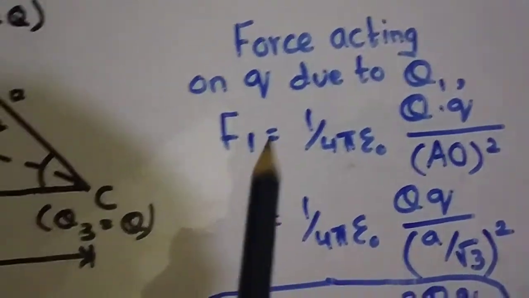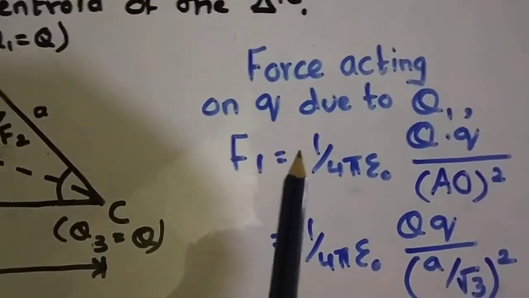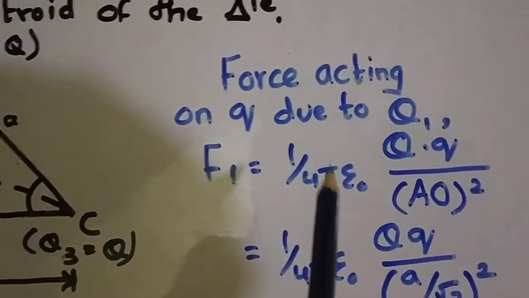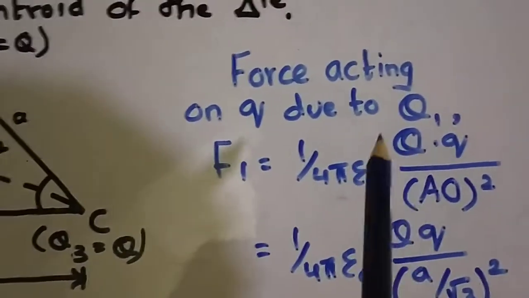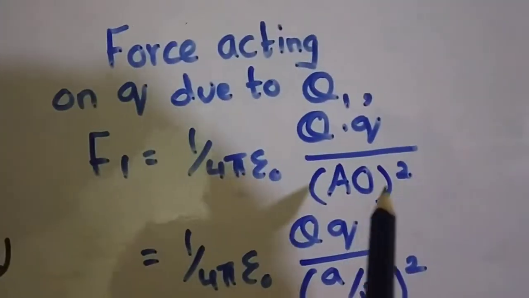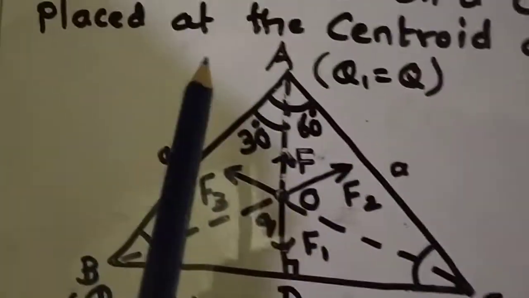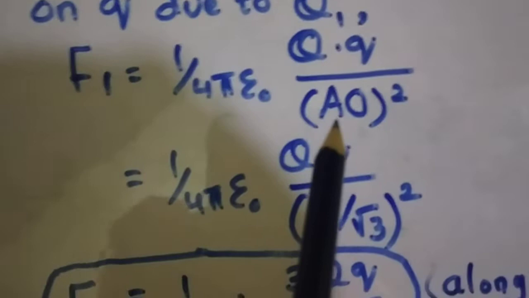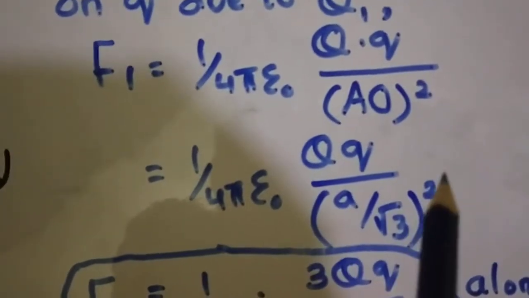Now, what is F1? F1 is equal to 1 by 4 pi epsilon naught, capital Q into small q, in place of r squared, we are using the distance AO squared. Here AO squared we have measured as A by root 3 the whole squared.